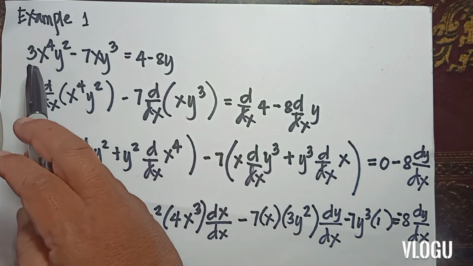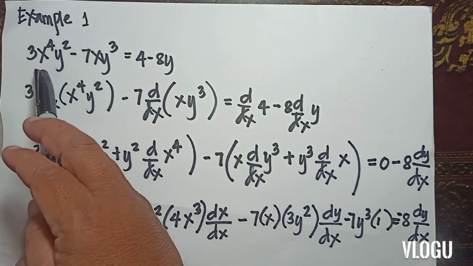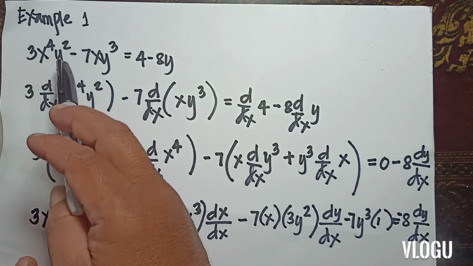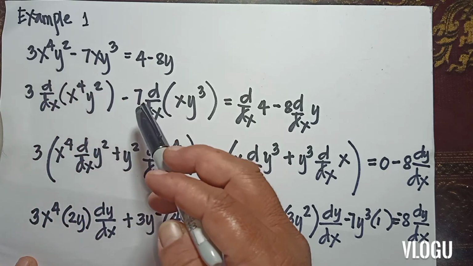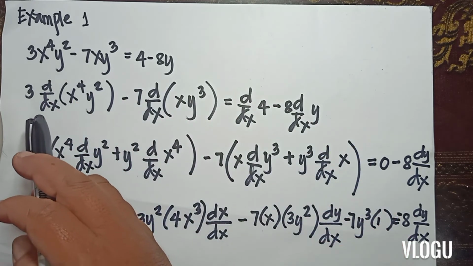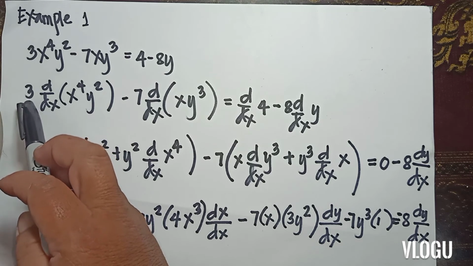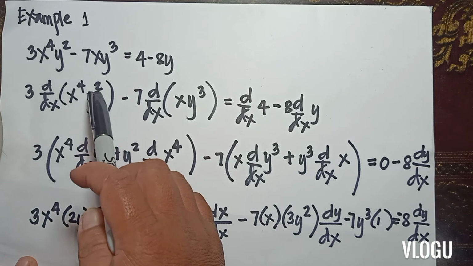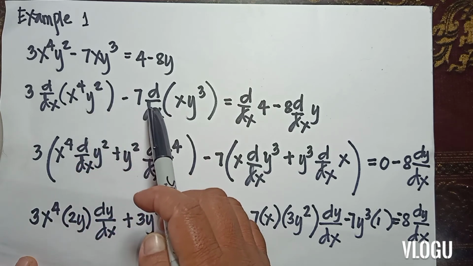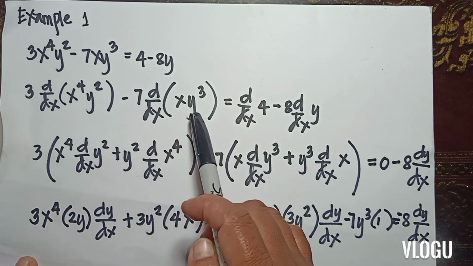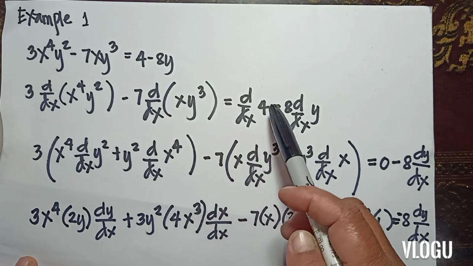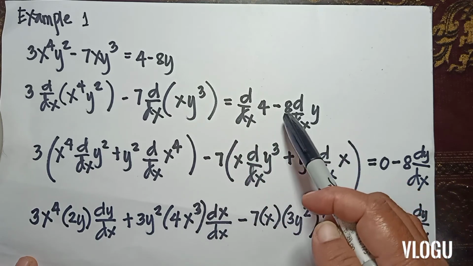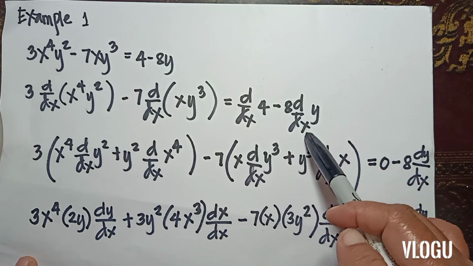We are going to find the derivative of x in terms of x, and the derivative of y in terms of x. So we have 3 derivative of x to the 4th y squared minus 7 derivative of xy cubed equal to derivative of 4, derivative of y, that is minus 8 dy/dx.